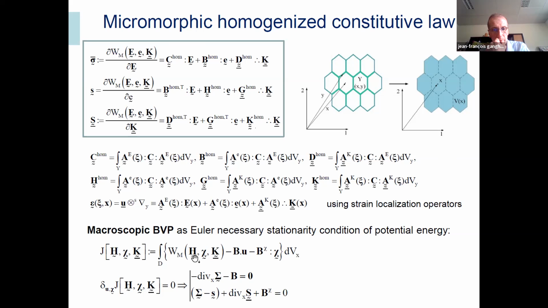We have the macro displacement and we have chi. And so we have two coupled equations that we have to solve for these kinematic degrees of freedom. If I remember correctly, one is a classical PDE, and the second one is non-classical because we have chi and the gradient of chi. I'm not sure, I don't remember exactly what the differential order of this is.